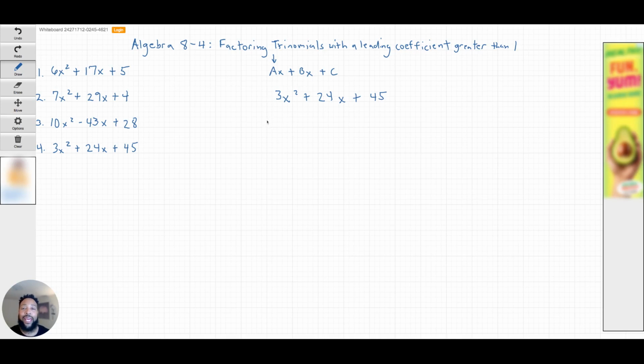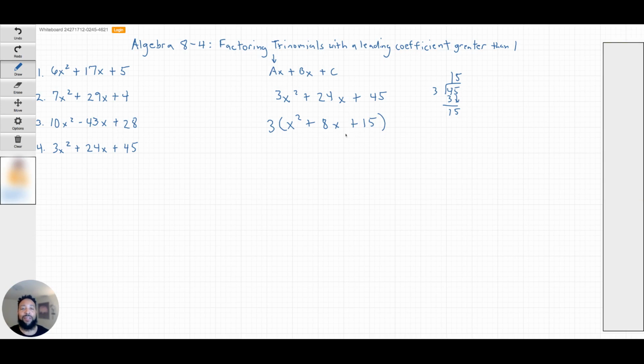We could go ahead and factor out a 3 in the beginning, and that leaves us with x squared plus 8x. And then if you come off to the side, 3 goes into 45 one time. 4 minus 3 is 1. Drop the 5. 3 goes into 15 5 times. So now you have x squared plus 8x plus 15.